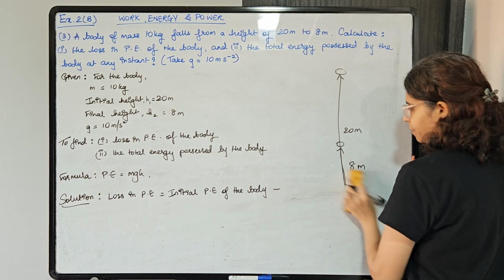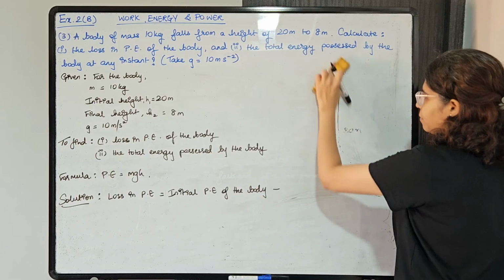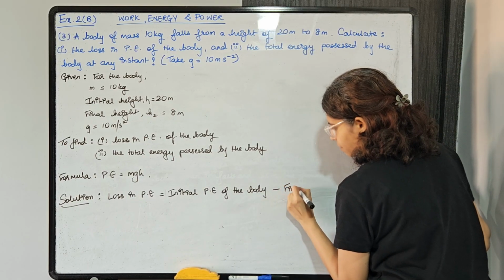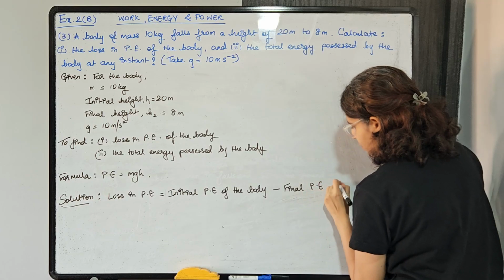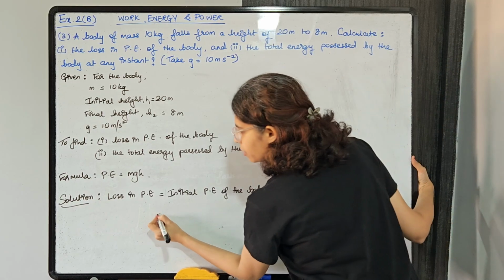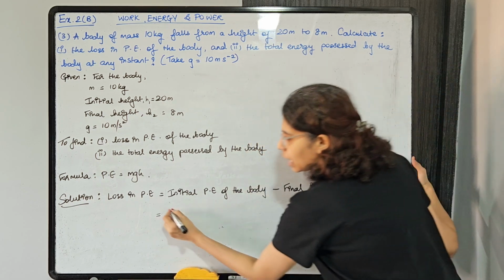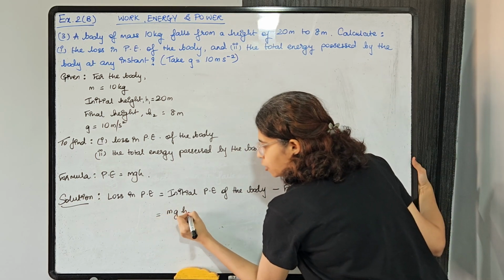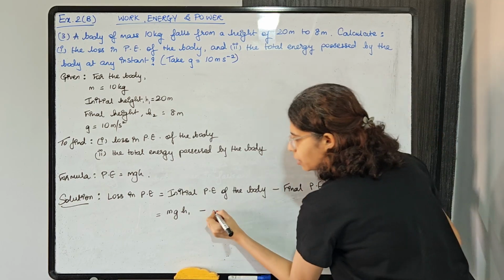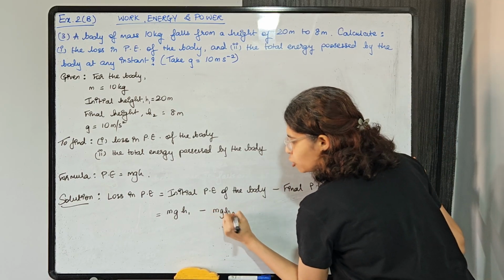Okay. What will the initial potential energy be? mgh1, initial height you will consider, and for final potential energy you will consider the final height h2.